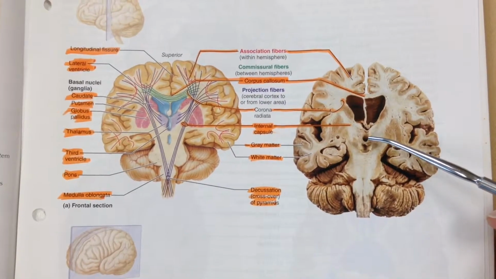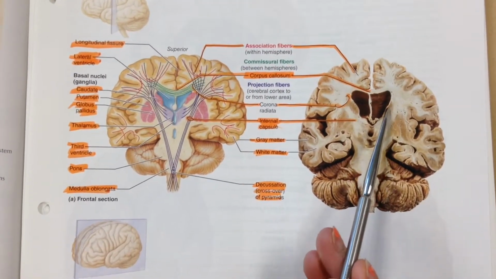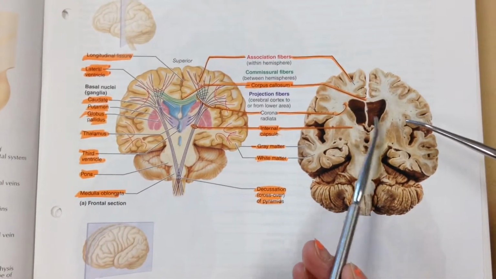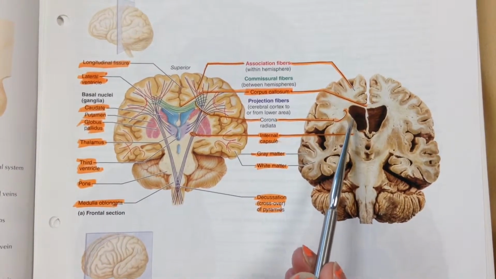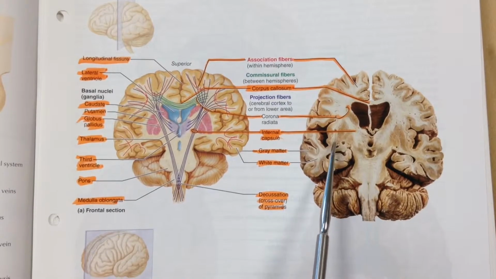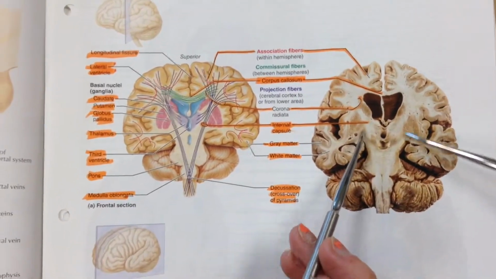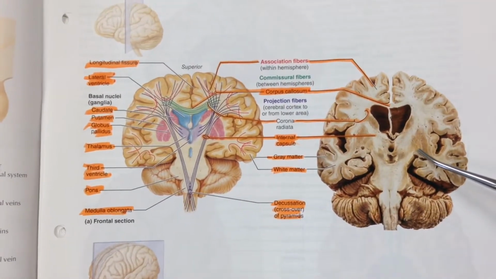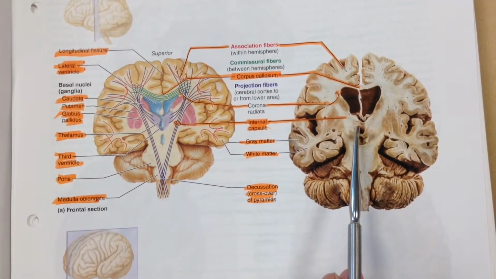The caudate, which is this and this. The lentiform nucleus, which has two parts, the putamen laterally, and the globus pallidus medially. The thalamus, which surrounds the third ventricle.